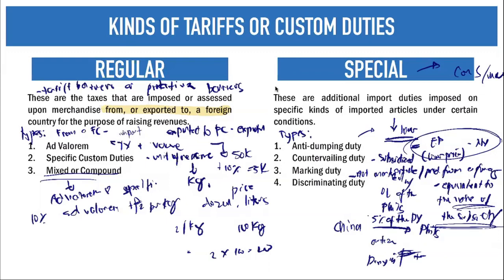So as long as the article imported discriminates against the product of the Philippines, you add 100% ad valorem. That is the maximum. 100% ad valorem.